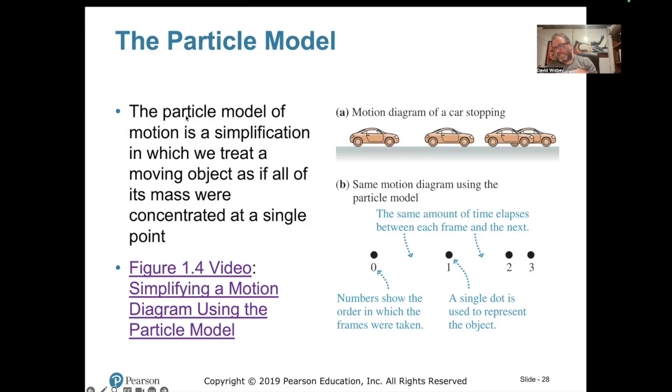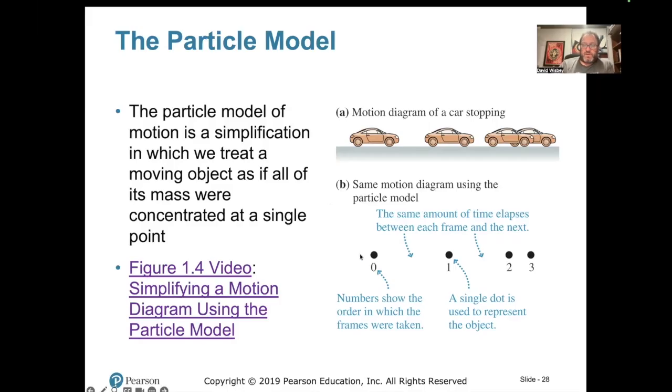Okay. So let's think about our model here of this car. The particle model is a simplification of how we treat an object. Here up in the top, we've got a car that's slowing down. We don't care about the size or shape of the car. We're just going to treat it like a particle.